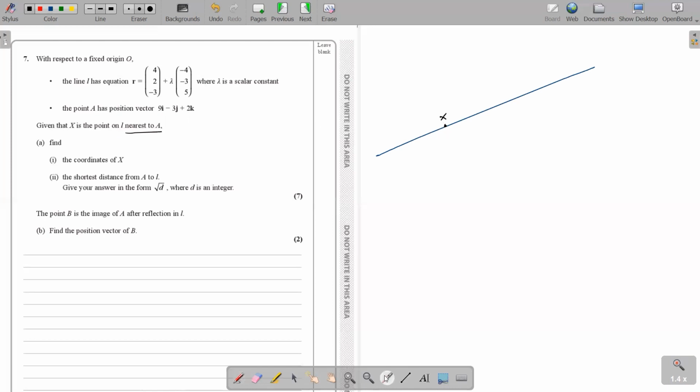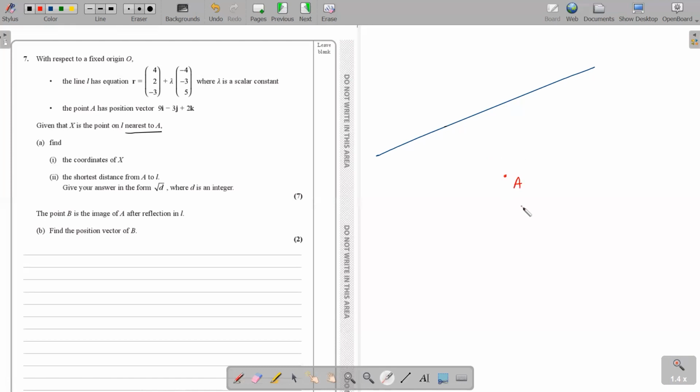Now you need to realize, first of all, is A going to be on top of this line? No, right? A has to be somewhere outside. Let's say point A is somewhere over here. How should I place point X on this line L?